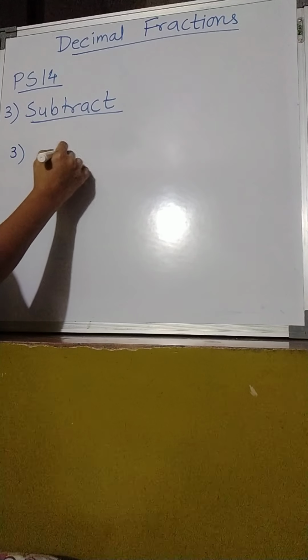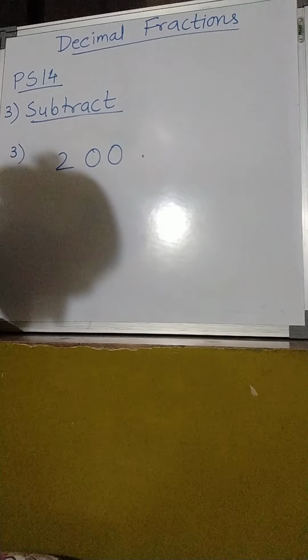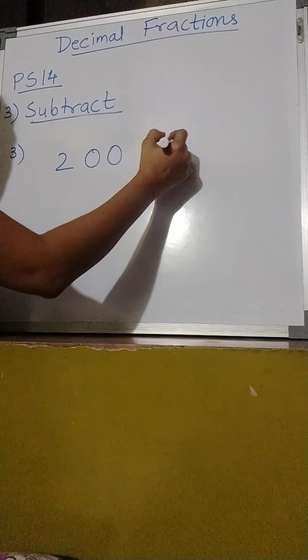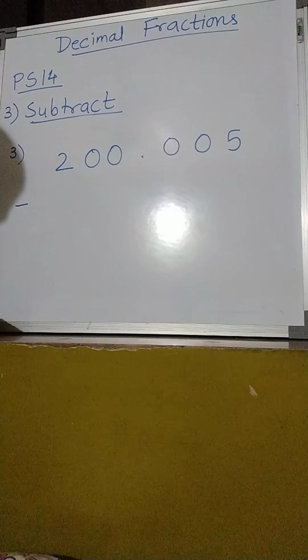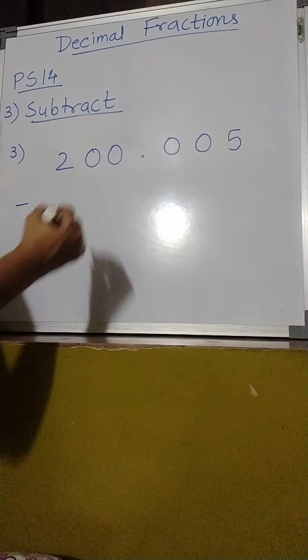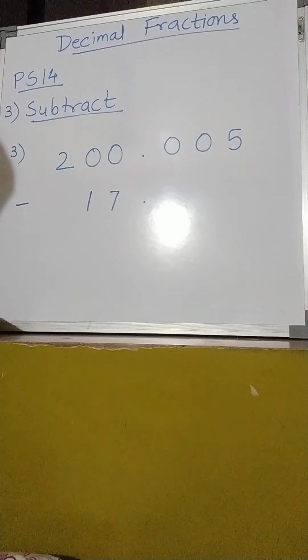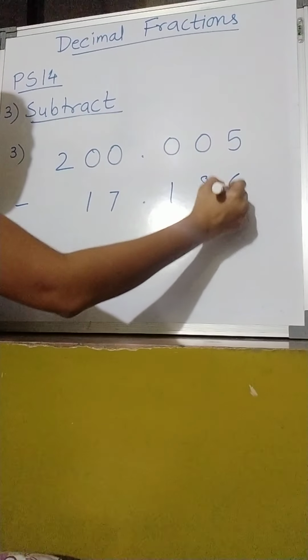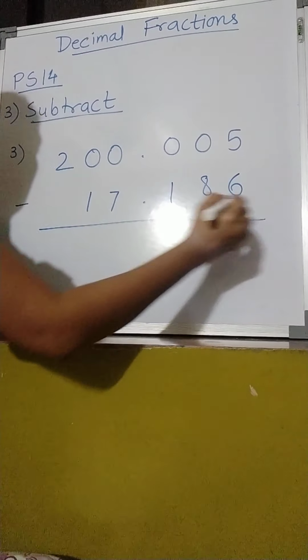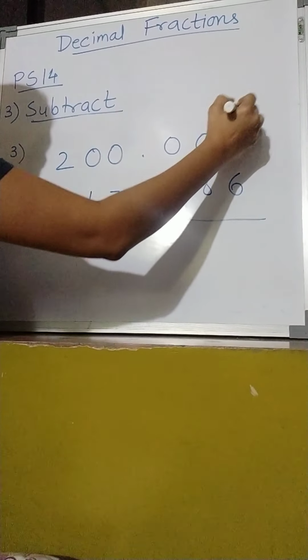Now take the third question. Third one, 200.005 minus 17.186. Now see, here also you have to make it 15.